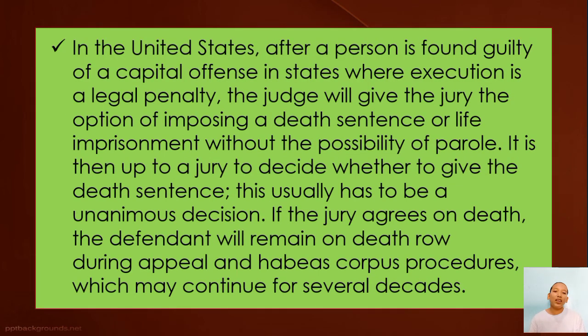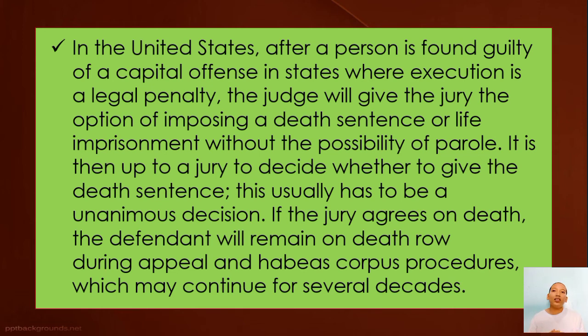In the United States, after a person is found guilty of a capital offense in states where execution is a legal penalty, the judge will give the jury the option of imposing a death sentence or life imprisonment without the possibility of parole.